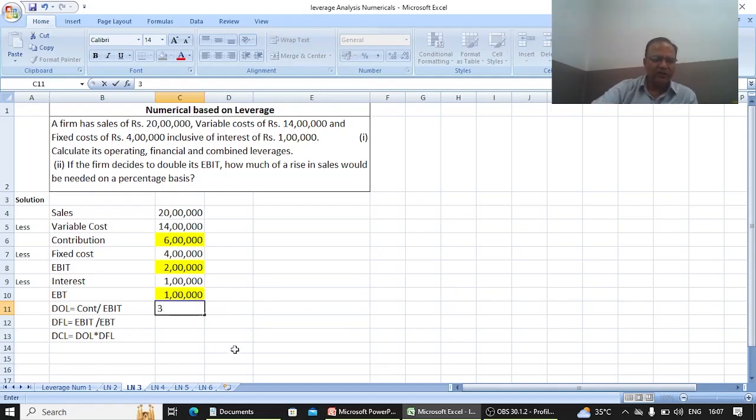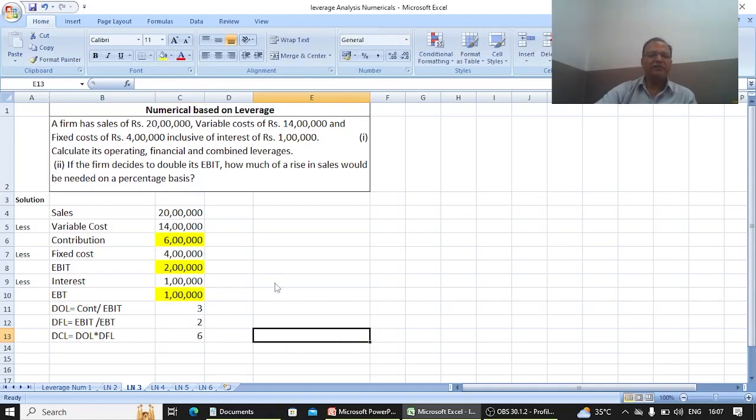Now, degree of financial leverage, EBIT by EBT, 2 by 1, and here we have to multiply both the leverages. Then 3 and 2 will be 6. The first part is complete.